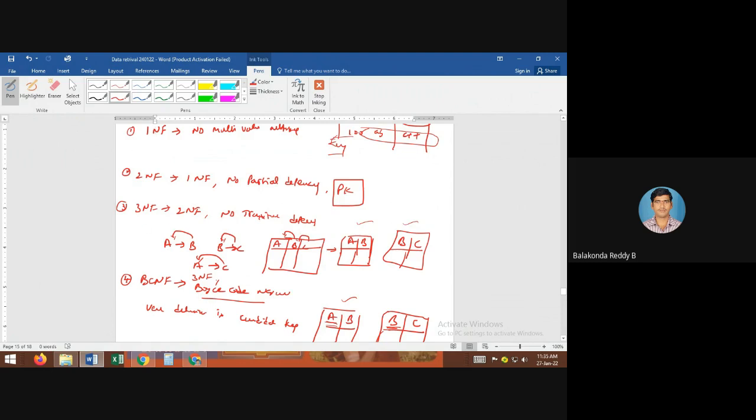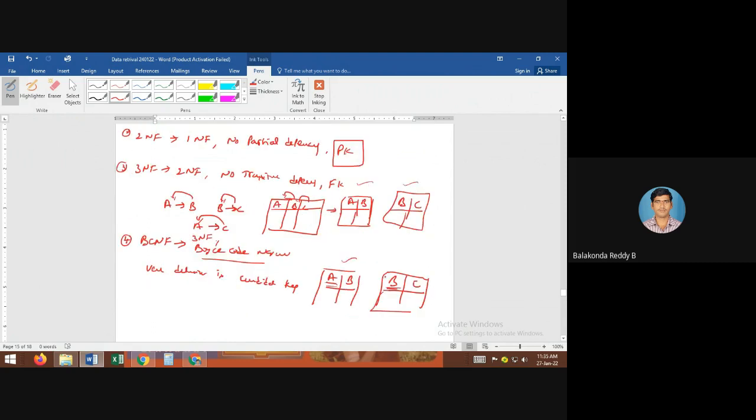Simply, if you maintain the foreign key between those two tables, the table is in 3NF. Next, Boyce-Codd normal form means 3NF, and at the same time every determinant maintains a primary key attribute, that is called BCNF.